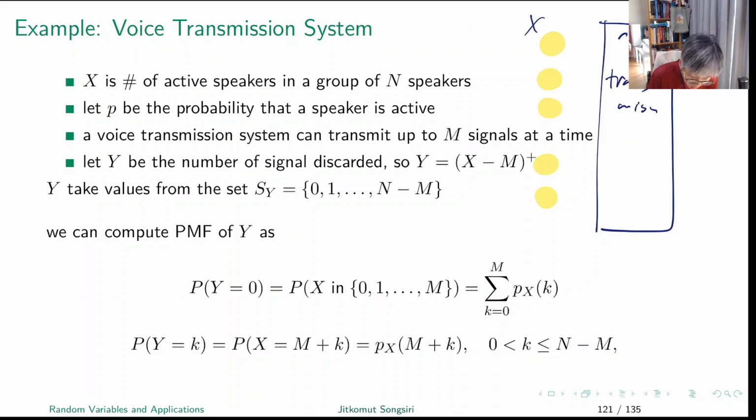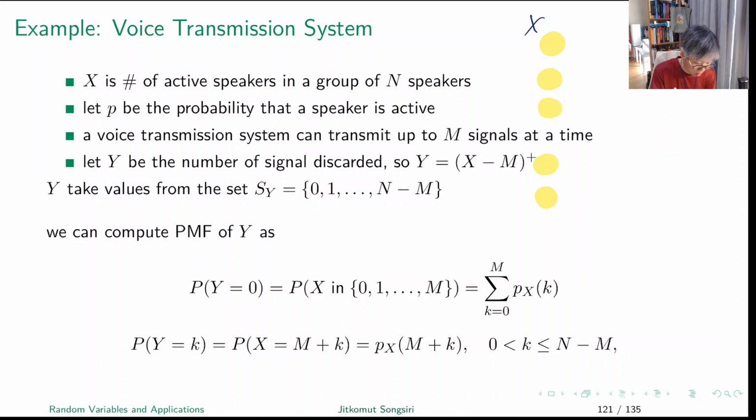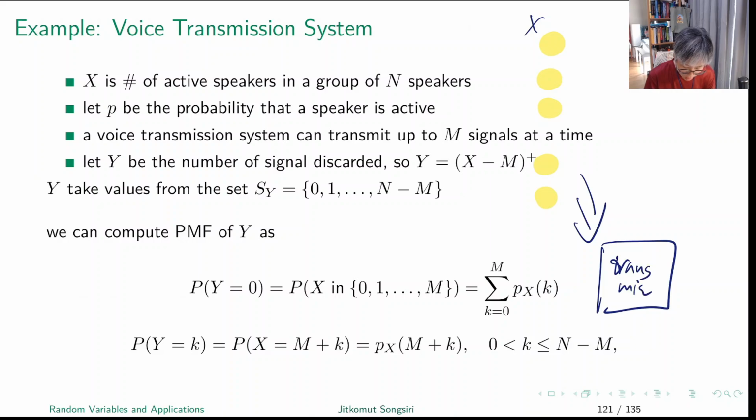You can think of this as some nonlinear function of x. I think my window just covered my writing. Okay, this is a transmission system. And the voice transmission system can transmit up to m signals.